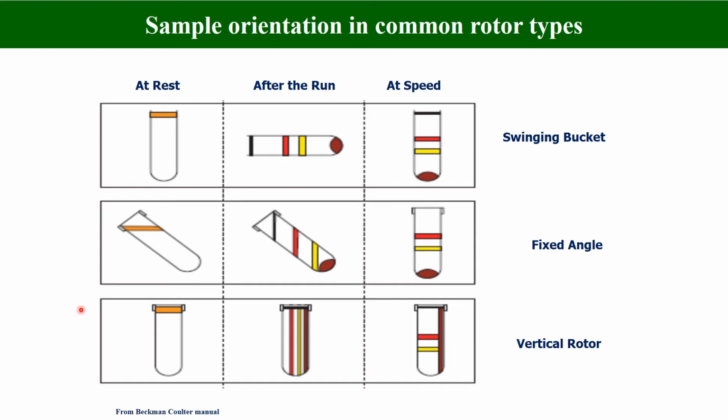At rest, it is at 90 degrees. Now, the solution reorients as the run begins, and the heaviest particle will hit the wall of the centrifuge tube and slowly, when it is resting, it will come back, the heaviest will be down and the lightest particle will be above. So this is how the particles get separated in three different types of centrifuges.